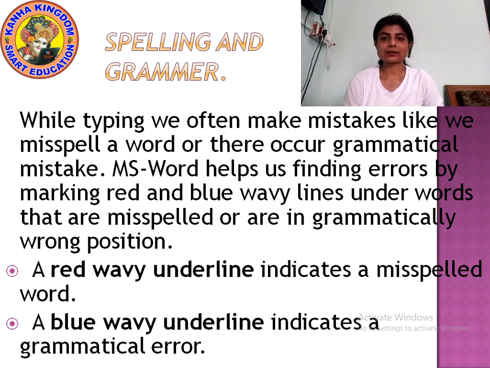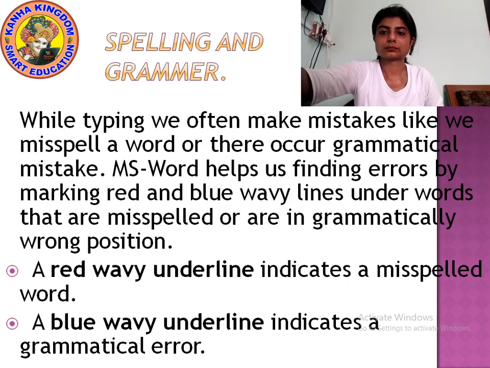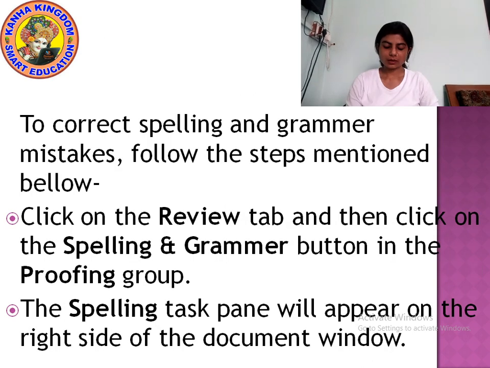So let us move to the next step. Students, to correct spelling and grammar mistakes, follow the steps that are mentioned below. Now where will you find this spelling and grammar command?